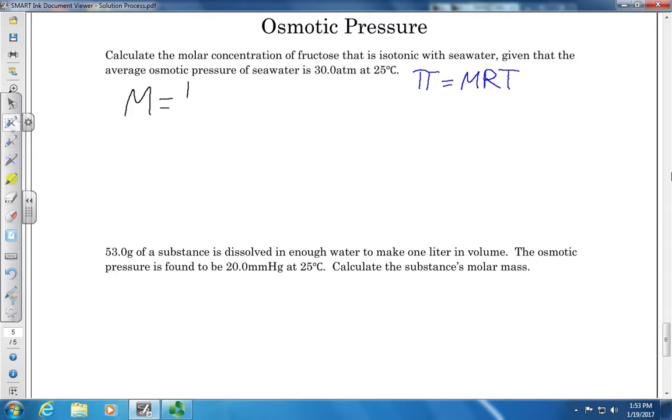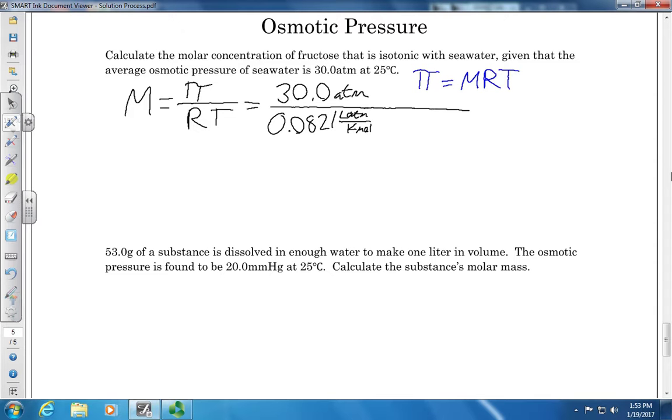Molarity is equal to pi, osmotic pressure, over our gas constant times temperature, which we're given our osmotic pressure, which is 30 atmospheres. Our gas constant is 0.0821 liter atmospheres per Kelvin mole.